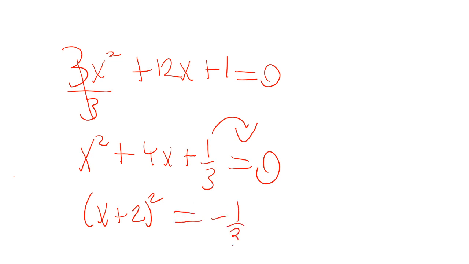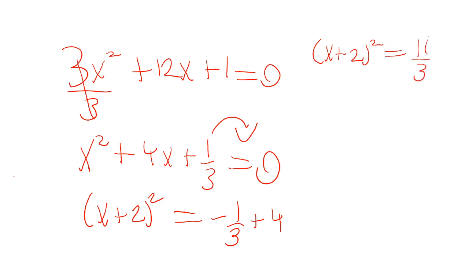Since we have a 4 on this side, we need a 4 on the other side as well, so we have negative 1/3 plus 4. If we find a common denominator, we get 11/3. So (x + 2) squared is 11/3.